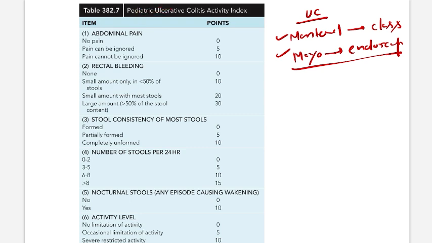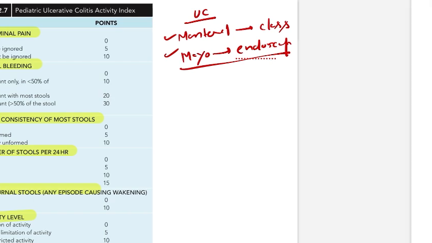So just remember what the components are. I will highlight for you: abdominal pain, rectal bleeding, stool consistency of most stools, number of stools per 24 hours, nocturnal stools, activity level. So these are 5 components. Which component is not in this list? This is a potential question.